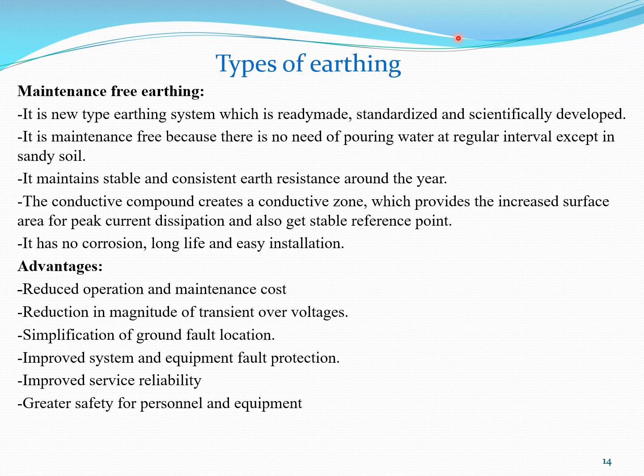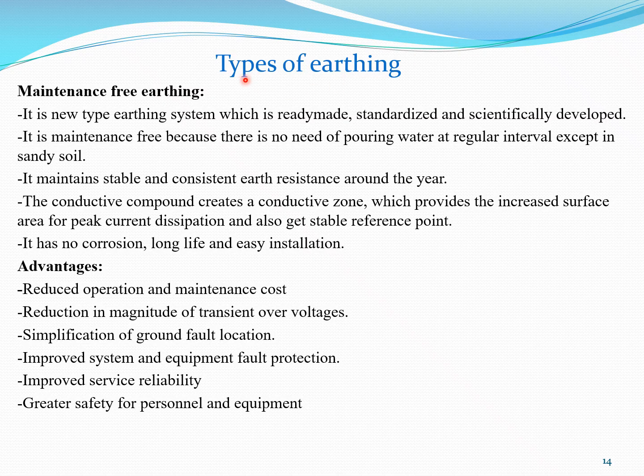These compounds are non-corrosive, eco-friendly, and hygroscopic, which means they attract and retain moisture from the soil, eliminating the need for external watering. The electrode is sealed so that internal chemicals do not leak into the soil, ensuring long life and being environment friendly.